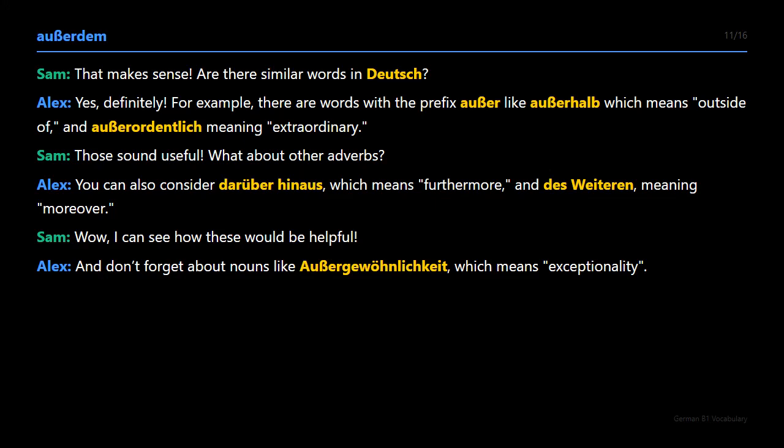What about other adverbs? You can also consider Darüber hinaus, which means furthermore, and Des Weiteren, meaning moreover. Wow, I can see how these would be helpful. And don't forget about nouns like Außergewöhnlichkeit, which means exceptionality.